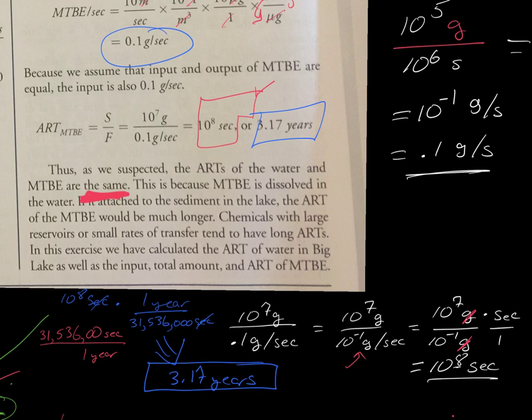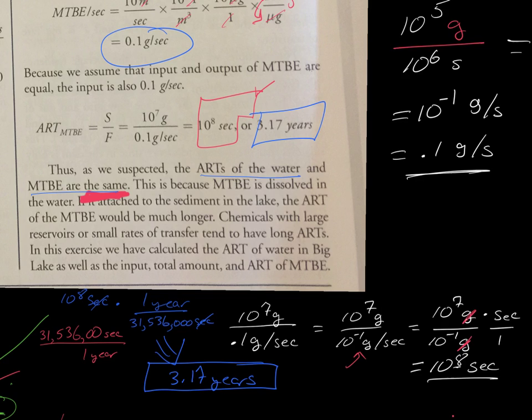And then what does all that mean? Everything we just did, all these conversions, all these numbers, means that, as we suspected, the residence time of water is the same as MTBE. And if it's the same, then it suggests that the MTBE is actually soluble in water.